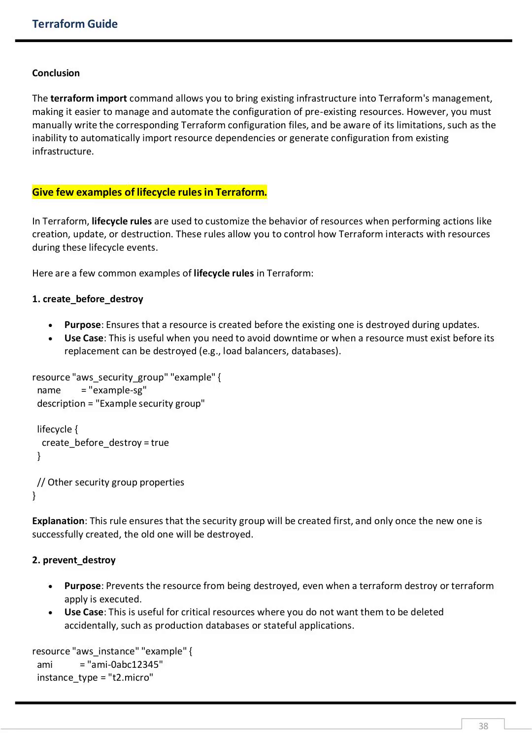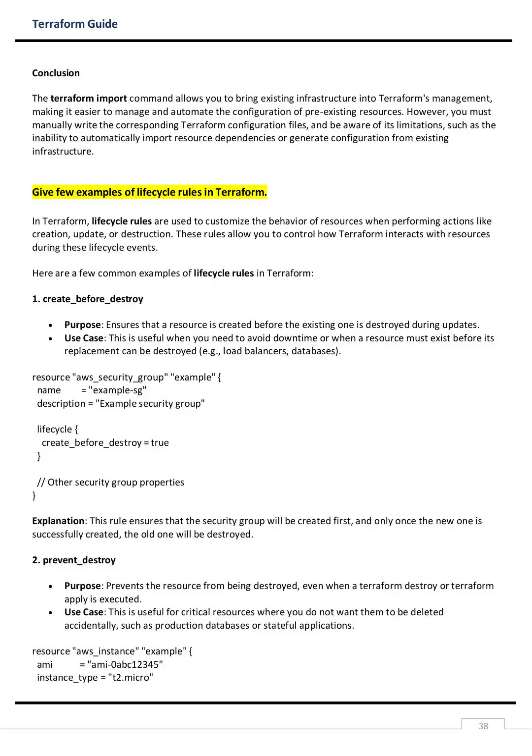Resource security group example, other security group properties, lifecycle create_before_destroy. Explanation: this rule ensures that the security group will be created first, and only once the new one is successfully created, the old one will be destroyed.